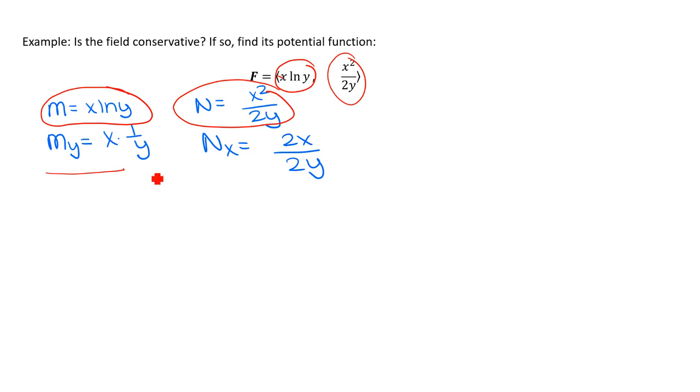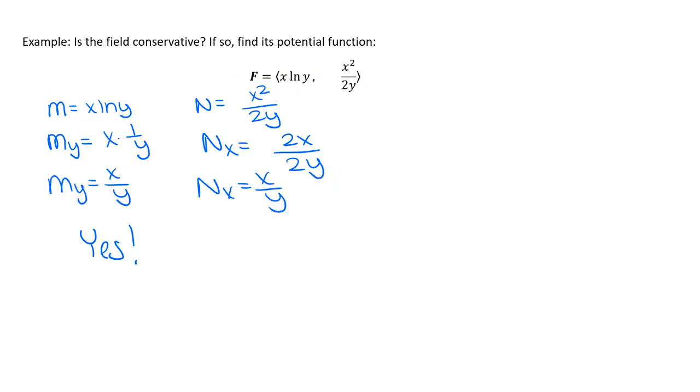I got x times 1 over y, and N with respect to x, 2x over 2y. These two derivatives I can simplify to be the exact same thing. So yes, this is a conservative vector field.